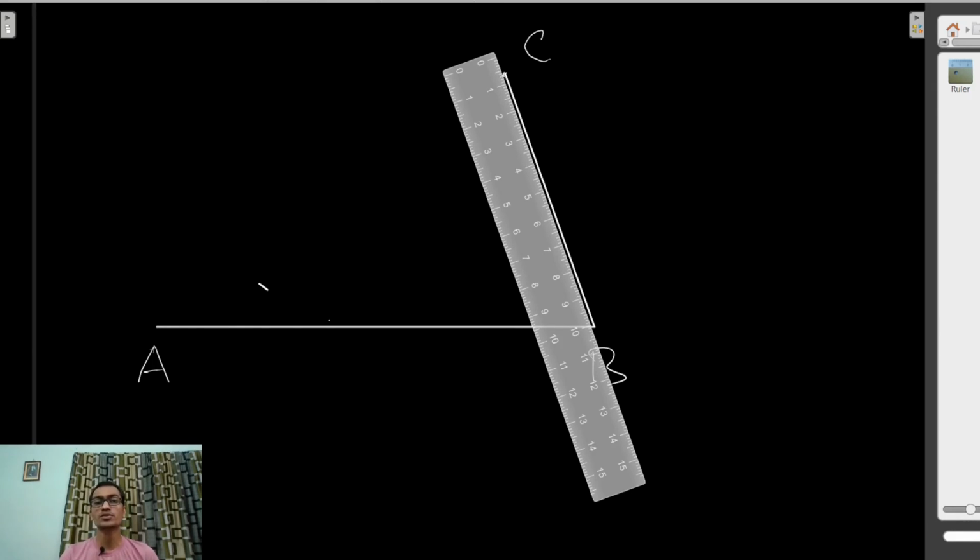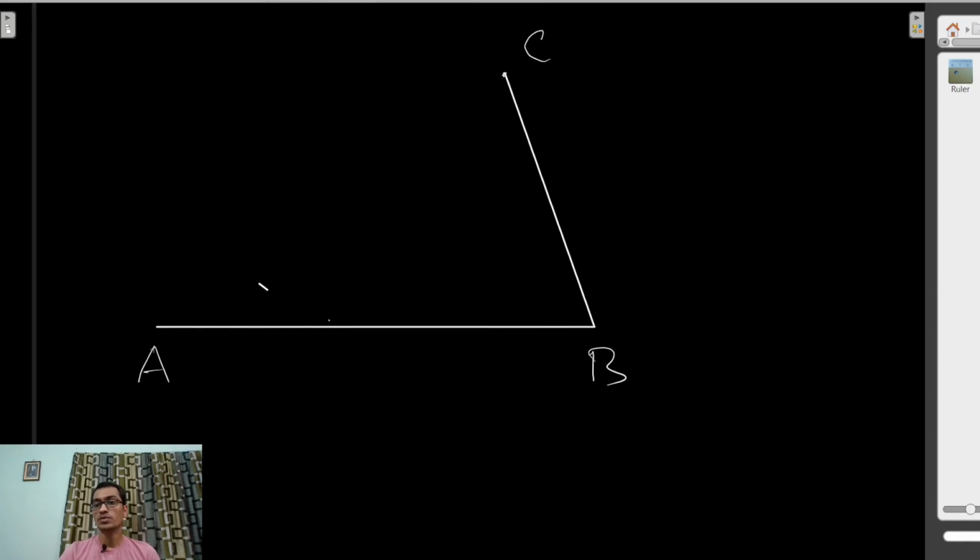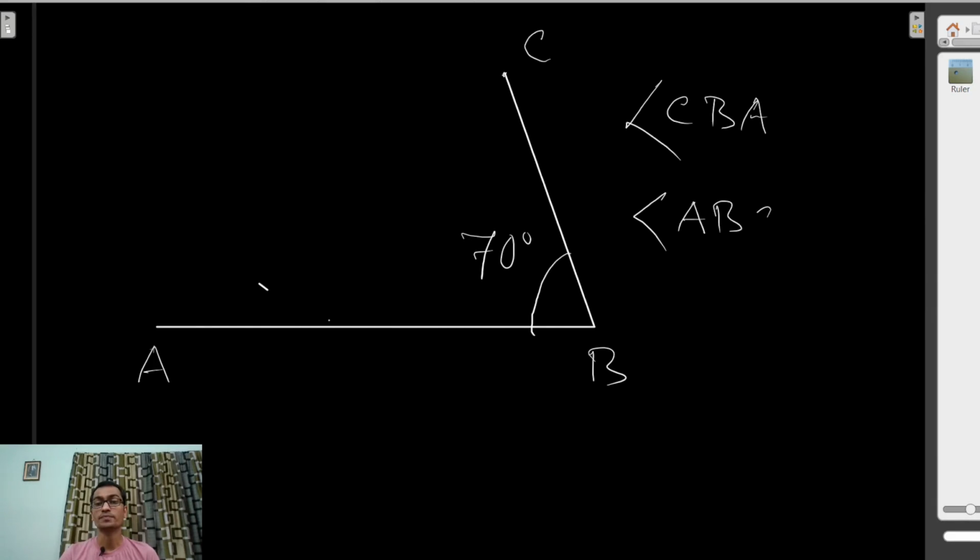Okay, we are done. Now we remove our ruler. Now our angle, which is on the left of the line segment AB, is of measurement 70 degrees, and you can call it angle CBA, or in a similar manner you can call it angle ABC.